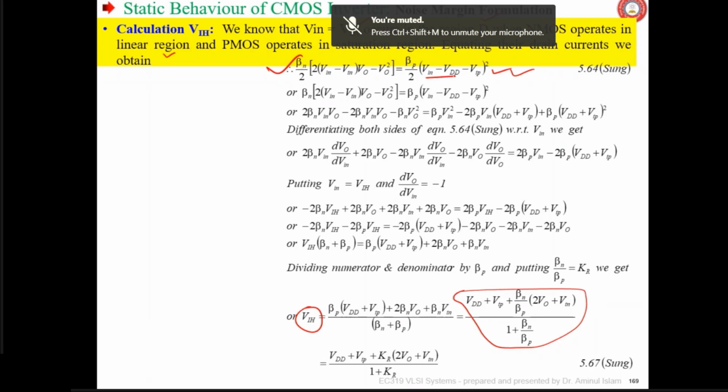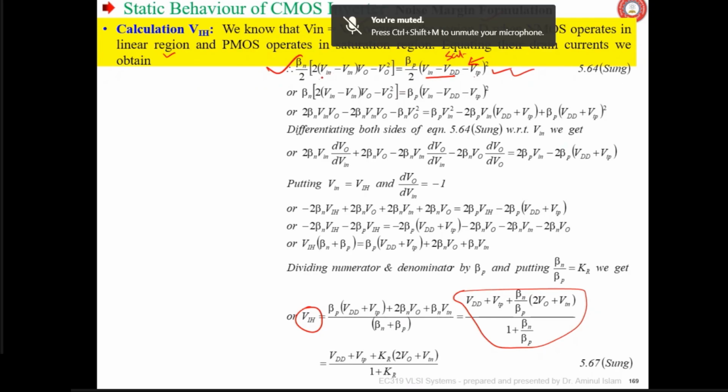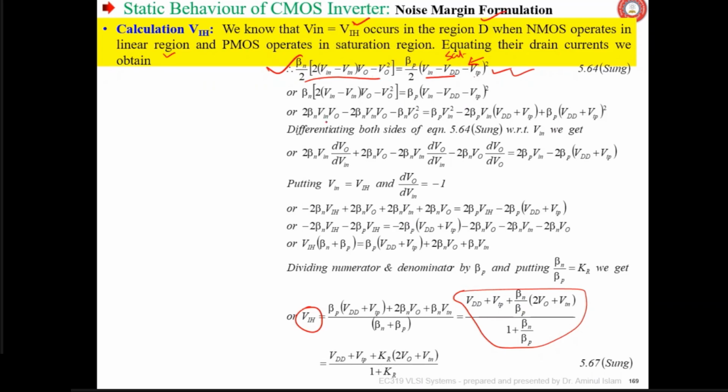This is Vgs minus Vtp whole square times beta p by 2. Understood? PMOSFET in saturation, and this is the linear region equation, same way. Equating this and manipulating, you get this one.